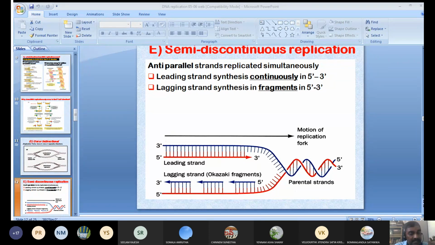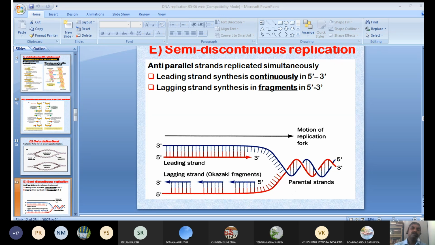Anyhow, DNA polymerase 1, 2 and 3 are the three different types of enzymes which are responsible for DNA synthesis. The major DNA synthesis, that is the polymerization step, is led by DNA polymerase 3, whereas DNA polymerase 1 is the one responsible for repairing the DNA molecule.